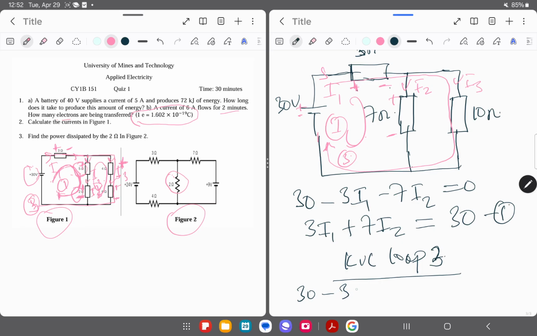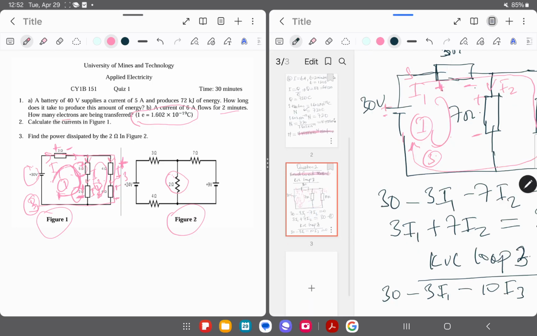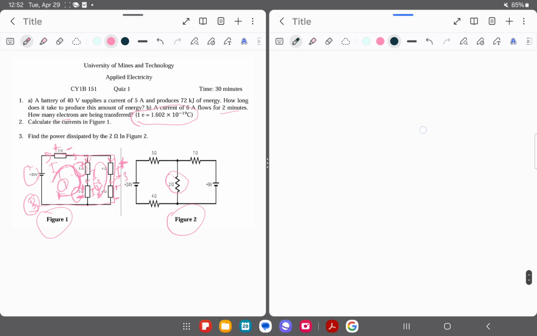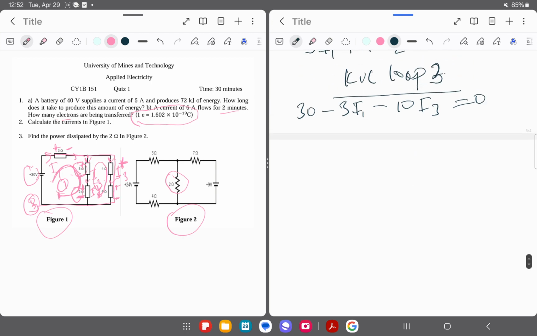Then we come to this part here, and we now have minus 10I3 equals 0. We simplify this the same way we did, so we end up with 3I1 plus 10I3 equals 30. So this is our equation 2.